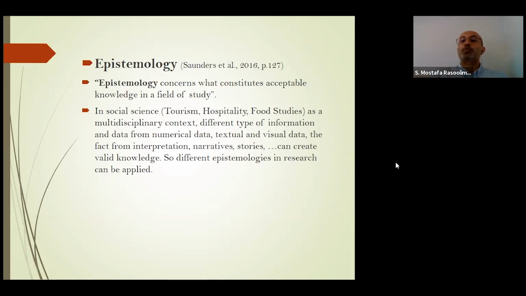But if our research problem is qualitative, our research objectives and research questions need a qualitative method, and this type of knowledge can also be valid knowledge. So this is the pragmatic way of thinking. If we think in this way, our research paradigm and philosophy is pragmatism.